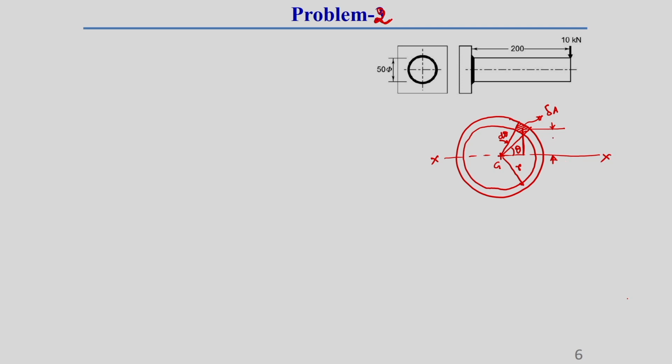Let this distance be y 1. Because this radius r is d by 2, this y 1 will be r sin theta. This you should keep in mind.